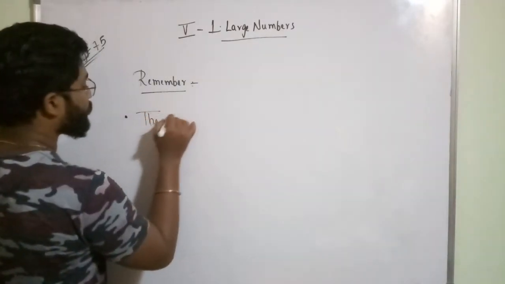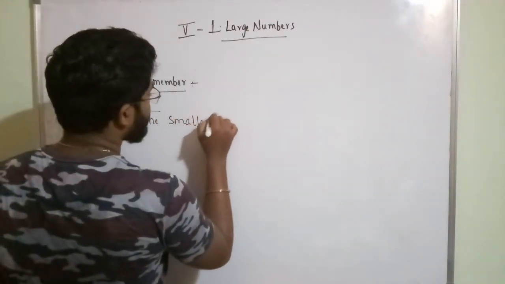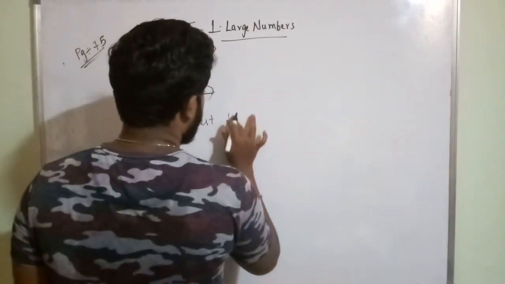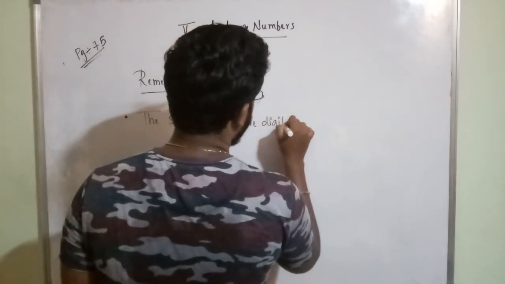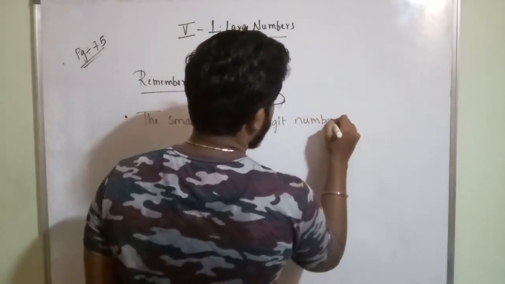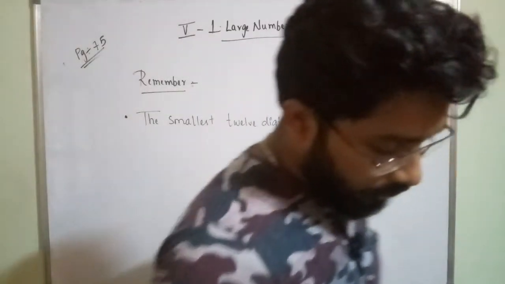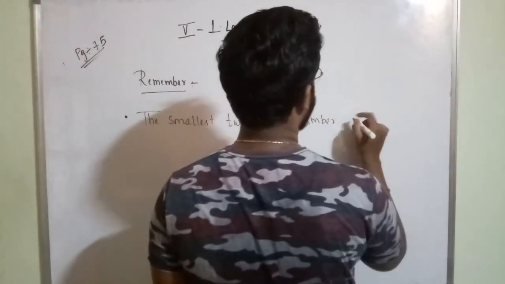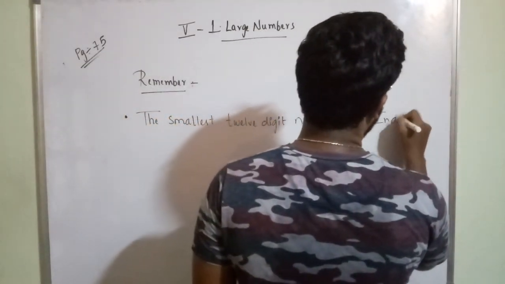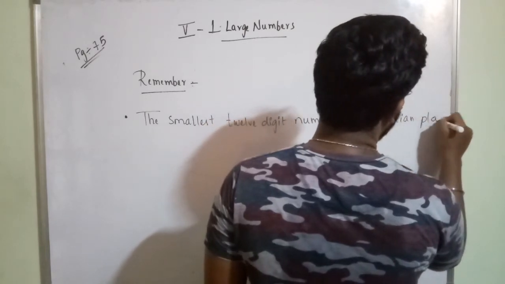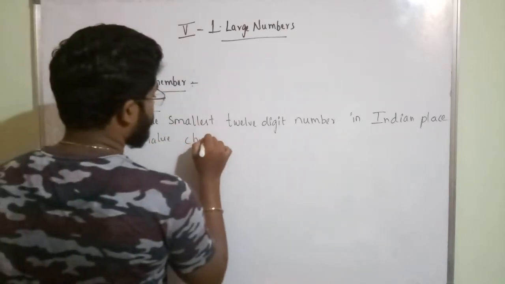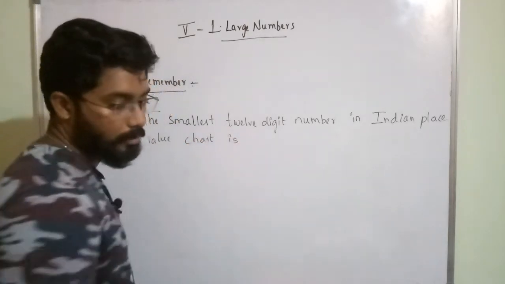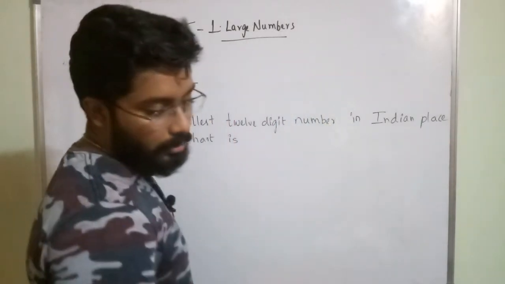The smallest 12 digit number in Indian place value chart is what? 1000 crore?